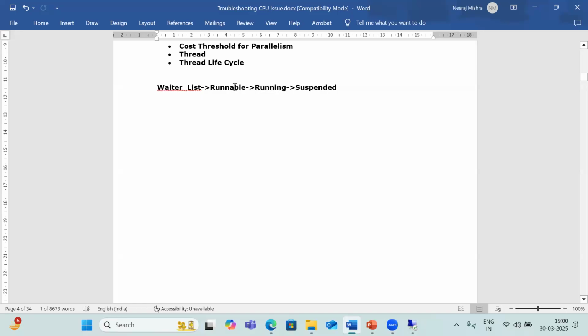This is not the single thread for which the resource is not free. There may be hundreds or thousands of threads for which resources are not available. And if they all are simply sitting for 4 milliseconds, ideally, it is a wastage of CPU time. And this is what is known as preemptive scheduling algorithm.